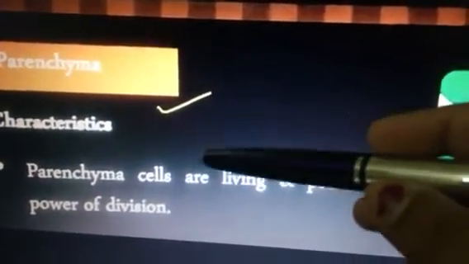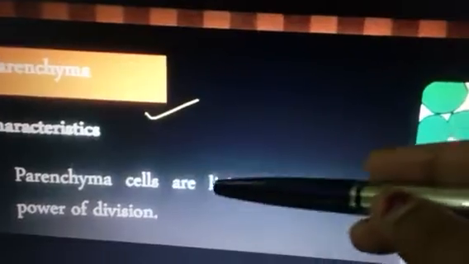You just have to concentrate here. Parenchyma cells are living and possess the power of division. As you can see in this diagram, they have a lot of intercellular spaces and are sometimes actively involved in photosynthesis. That's why they bear a green color.